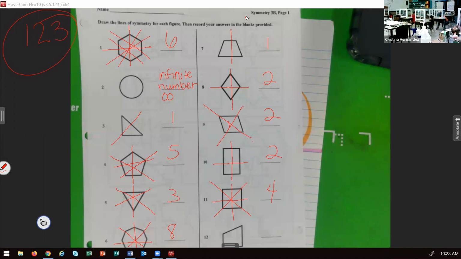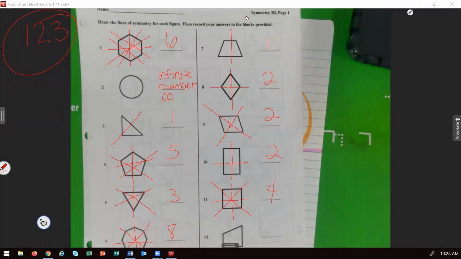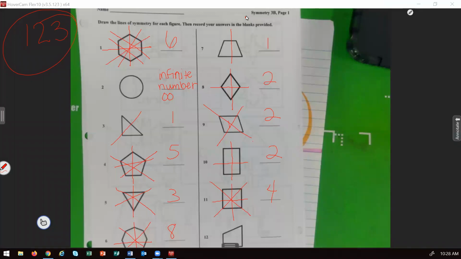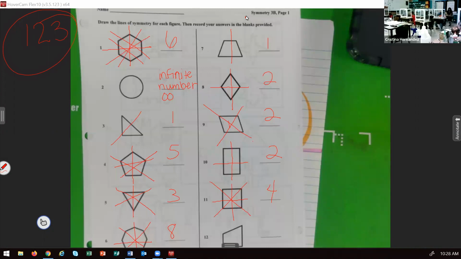Let's see who knows the last one. How many lines of symmetry does the last shape have? How do you divide that equally? Remember how you could do this?